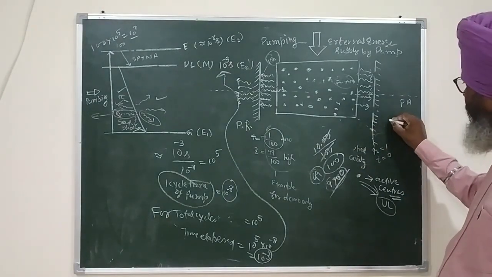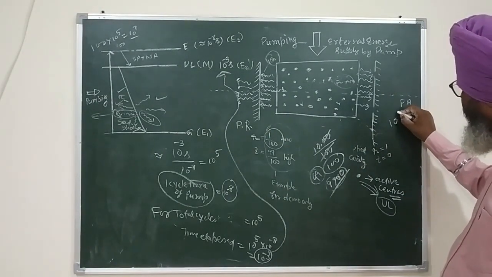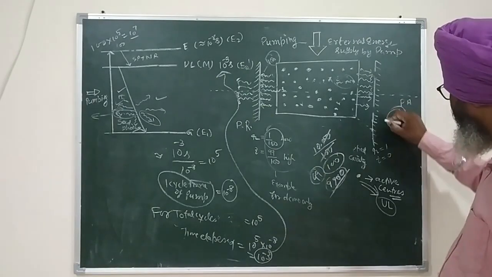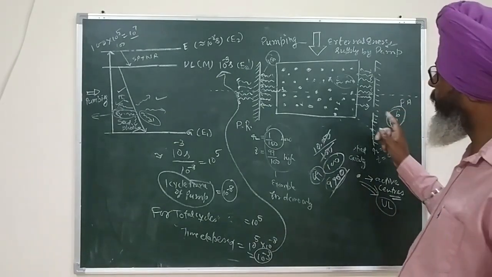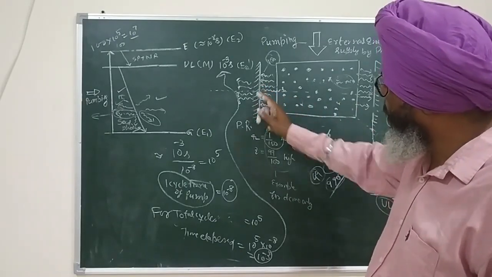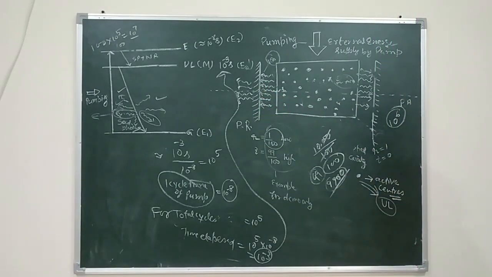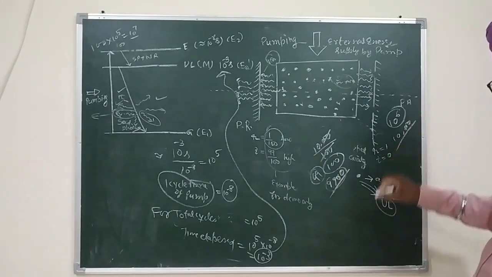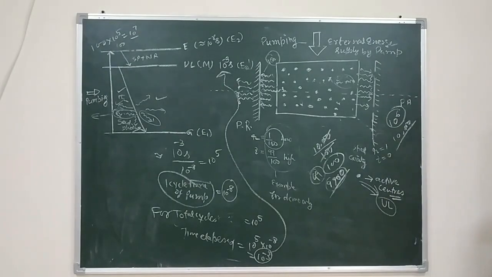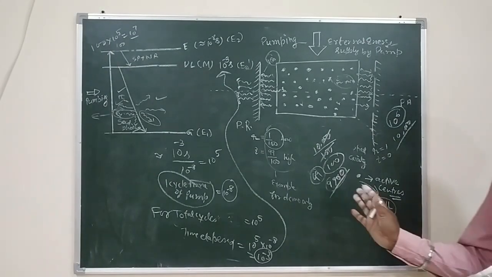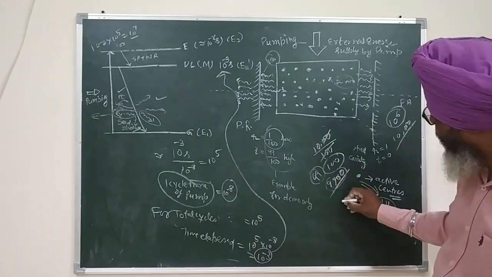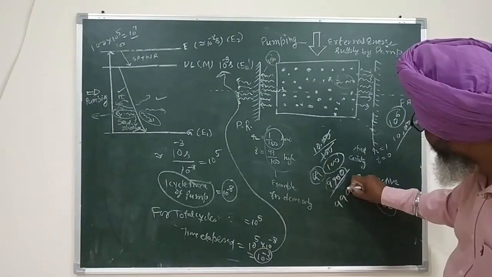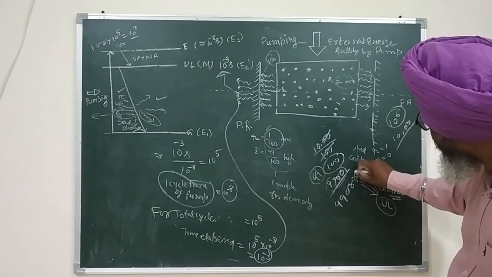Therefore, in the third supply, the number of photons that will strike here will be 10 raised to power 6. That is 1 million, and out of these 1 million, 10,000 will be reflected back, and all remaining will come out, and their number will be 99 and 4 zeros.